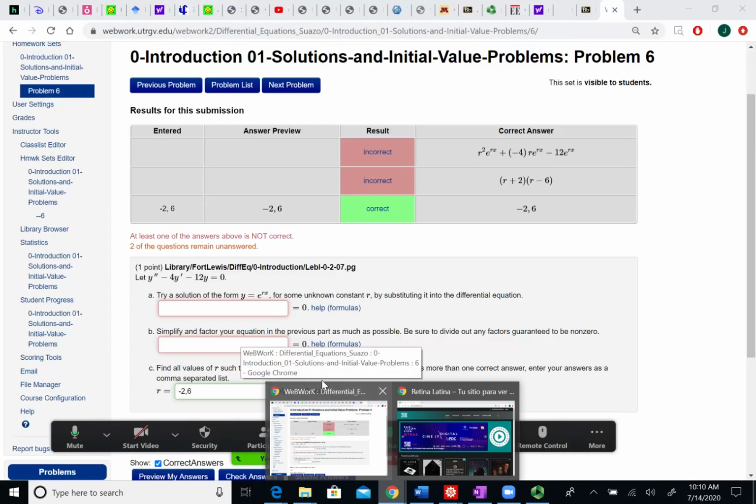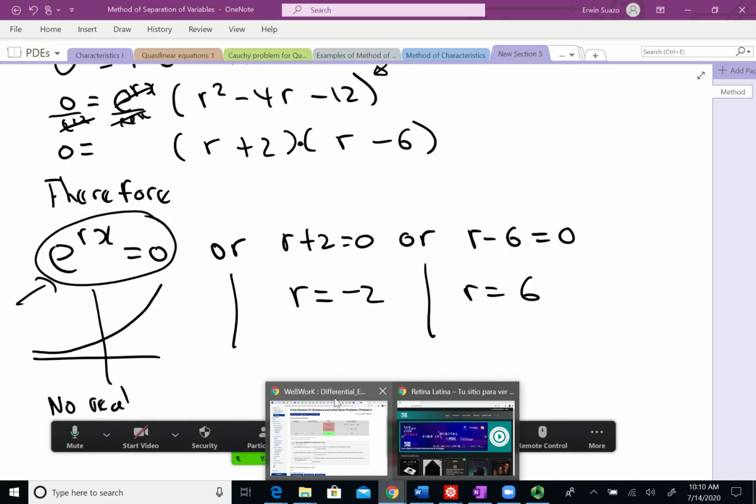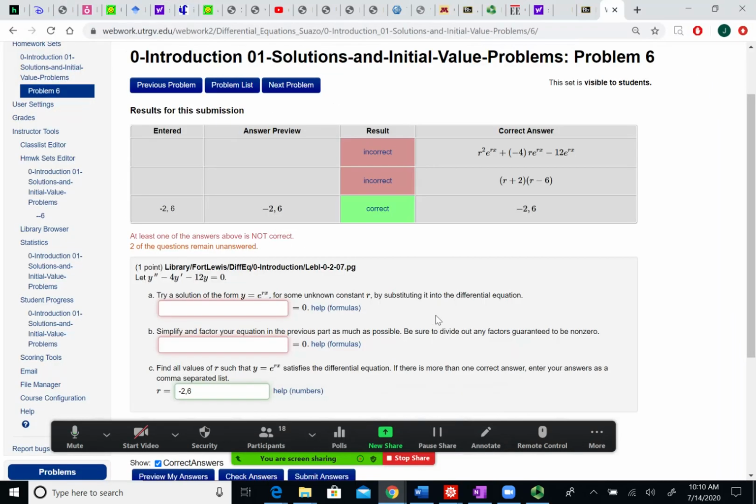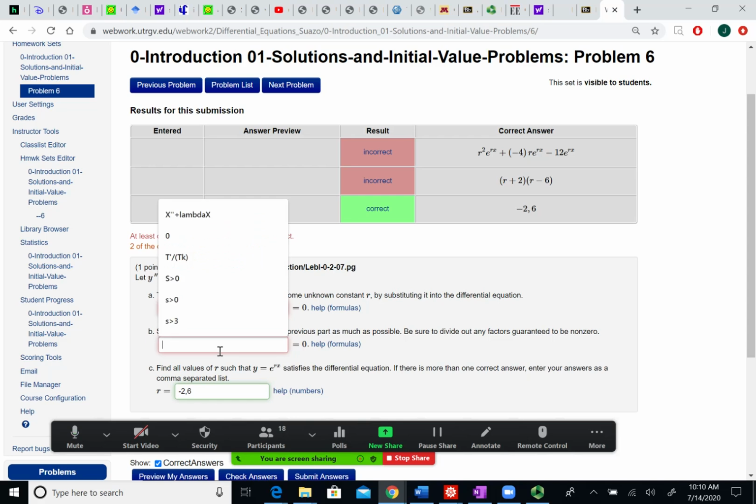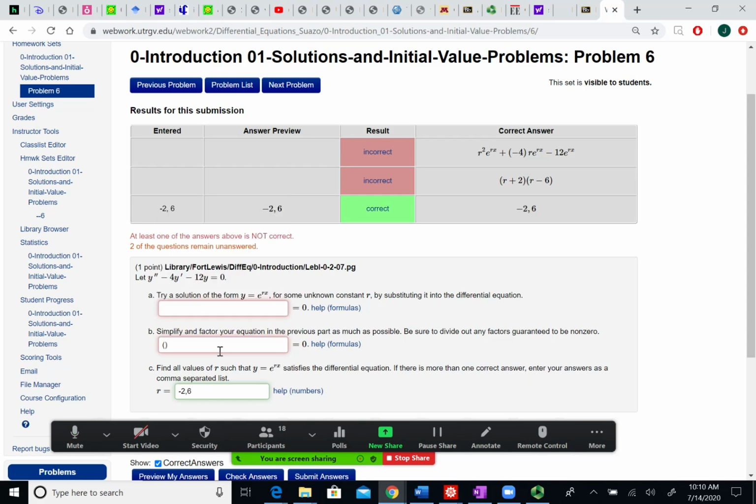These steps are just to make sure you don't just plug the answer into a computer or something. You can just do r plus 2 times r minus 6. That means you factor and simplify.